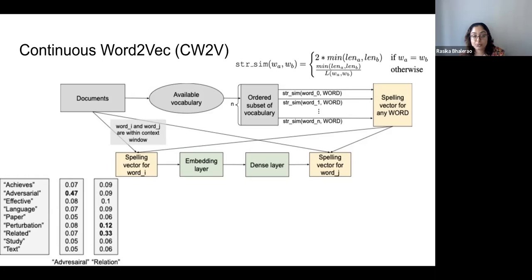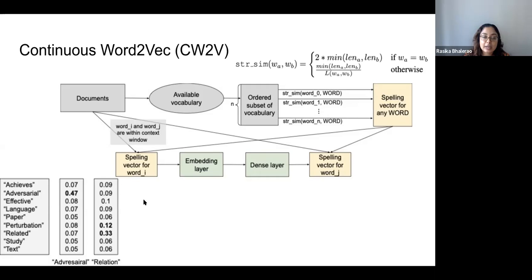That is continuous word-to-vec. Here you can see it's very similar to word-to-vec. This part here with the embedding layer and the dense layer is like word-to-vec. The difference is that the spelling vectors on the edge are not one-hot encodings from the dictionary. Instead, they are spelling vectors.